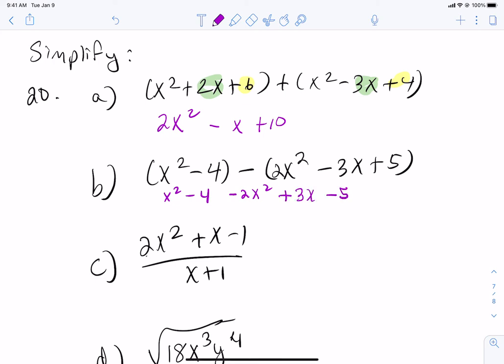So distribute the negative first before you combine like terms, okay? So the x squared minus 2x squared is negative 1x squared. The next is 3x, which is the only thing there that's like that. And then negative 4 and negative 5 combine to give us negative 10.